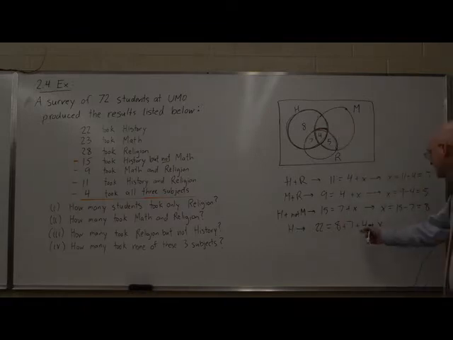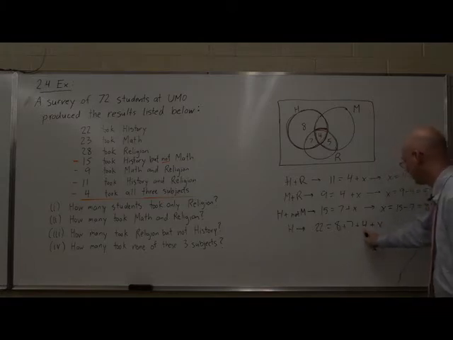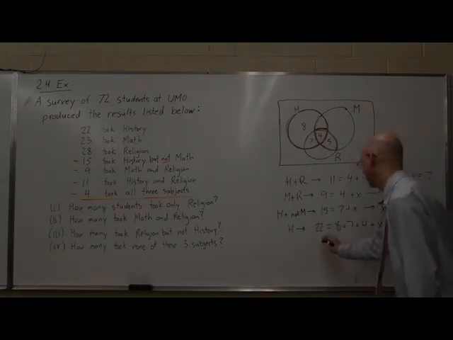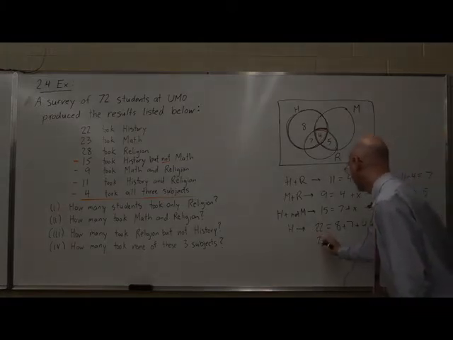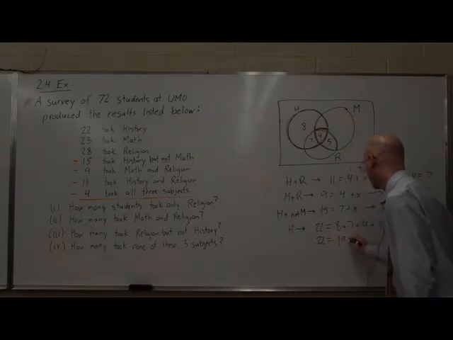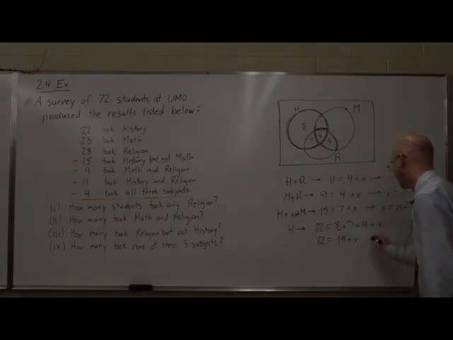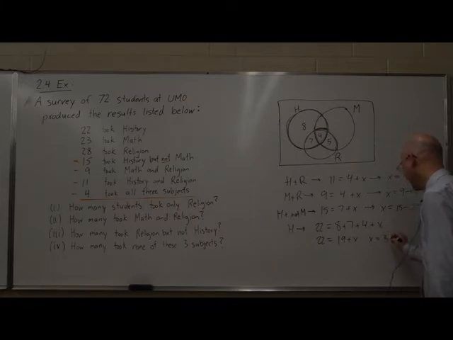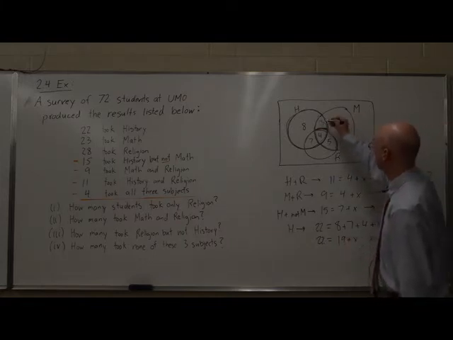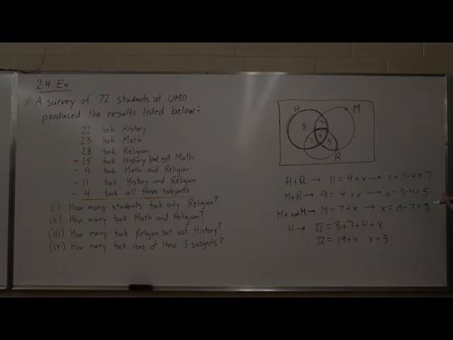When we solve that, 8, 7, and 4 add up to 19. So that's really just saying that 22 equals 19 plus x, or in other words, x equals 3 when we subtract 22 minus 19. And that gives us the last part of the history circle.